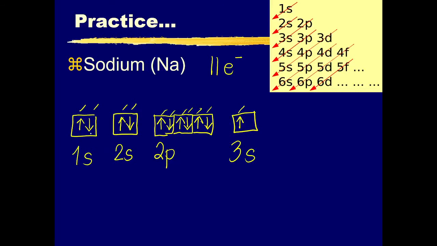And you will be having 1s2, 2s2, 2p6, 3s1. That is now the electron configuration. Is this example clear?